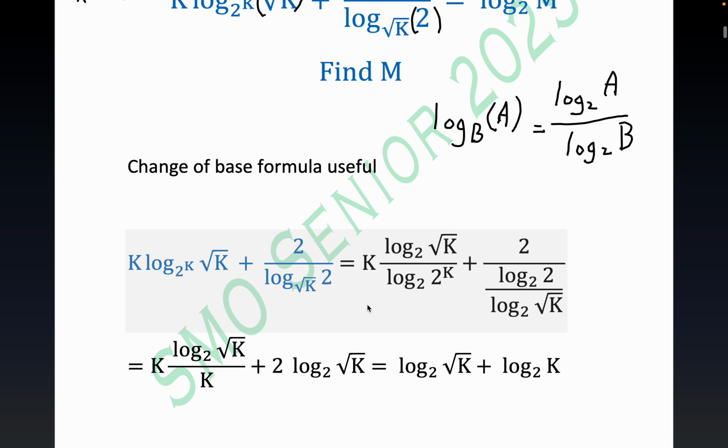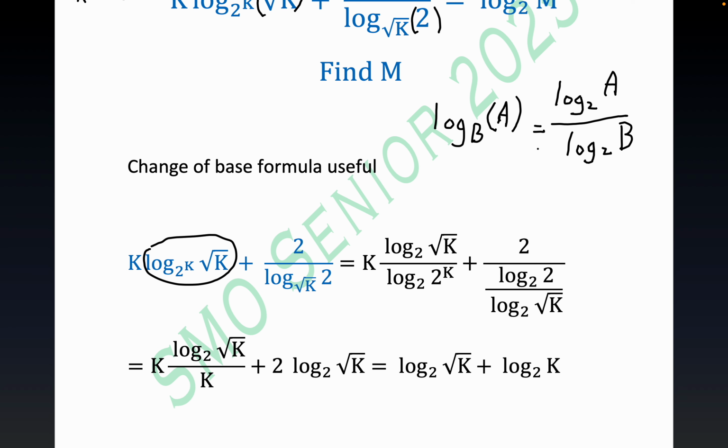Here's our original problem. Now I use the change of base formula right here for this circle part. You can see that the k remains unaltered right here, but I did the change of base. In other words, this circle part is equal to this by our change of base formula.